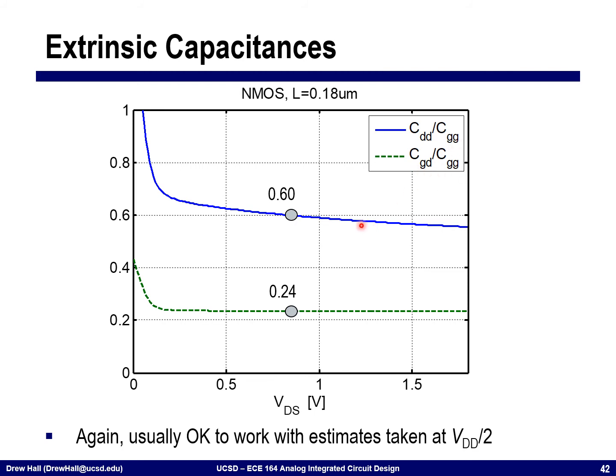What we see is that CDD is roughly 60%, and CGD is roughly 24%. Again, very similar regardless of the voltage that we're looking at. These curves do have some dependence, but they're relatively flat. In particular, the CGD one is extremely flat as a function of VDS. And so typically people will just work with VDD over 2 numbers.